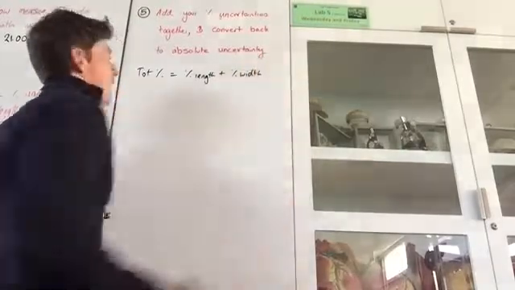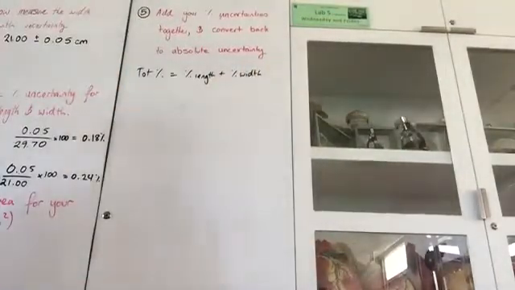Why do you think I add my percentages together? What's the reasoning behind it? Correct. I'm assuming that worst case scenario, I've got to assume that I'm 0.05 too far either way, correct? So I have to add my uncertainties because I'm trying to go worst case scenario.